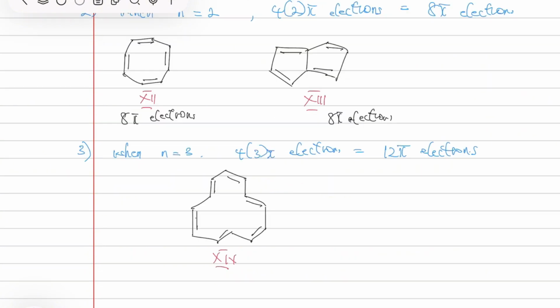An example can be seen in compound 14. Compound 14 has 12 pi electrons, and all the 12 pi electrons are in conjugation with one another. Therefore, anti-aromatic compounds are expected to have 4n pi electrons, which includes 4 pi electrons, 8 pi electrons, 12 pi electrons, and 16 pi electrons, and so on.